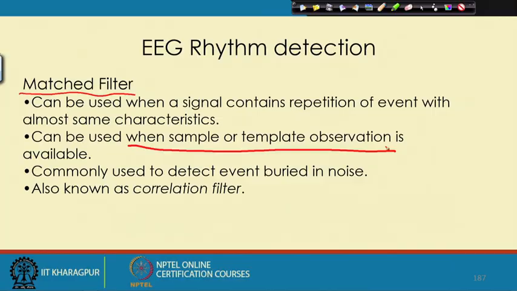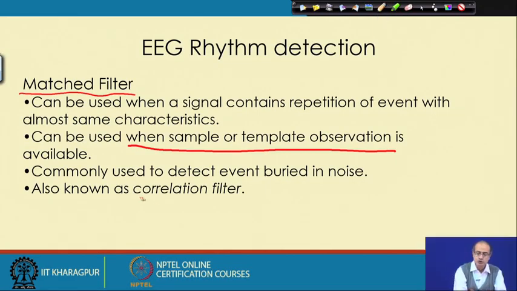But if we have the template of that event stored earlier, which is clean, then we can still find the occurrence of that event even if it is buried in noise. This matched filter has another name. It is also known as the correlation filter. We will see as we proceed why this name has come.